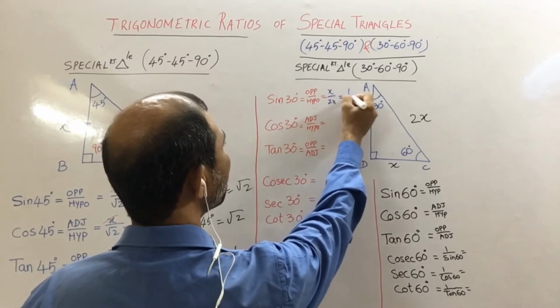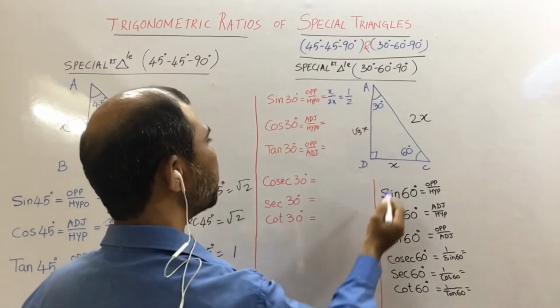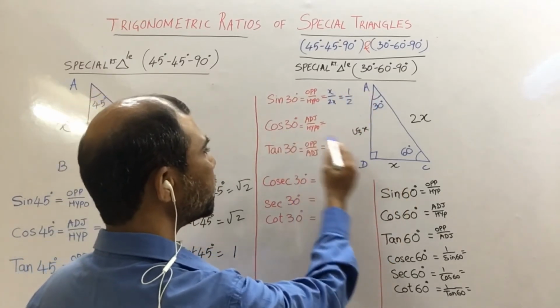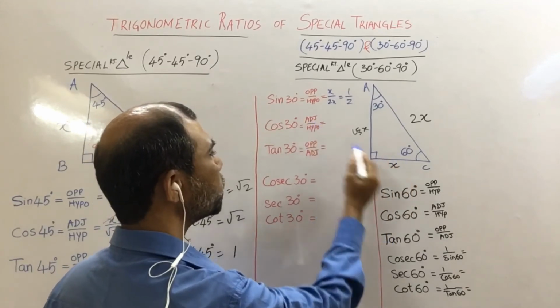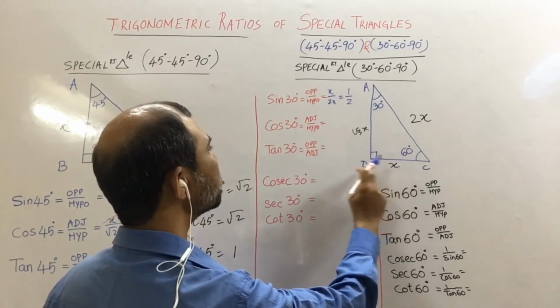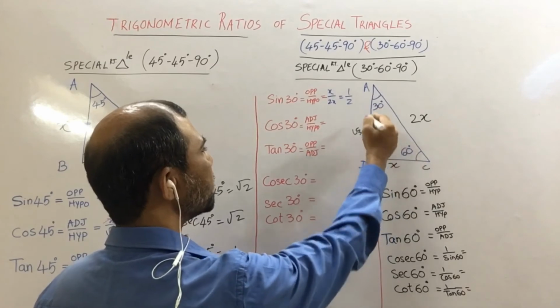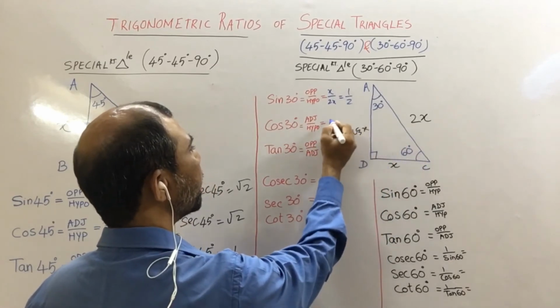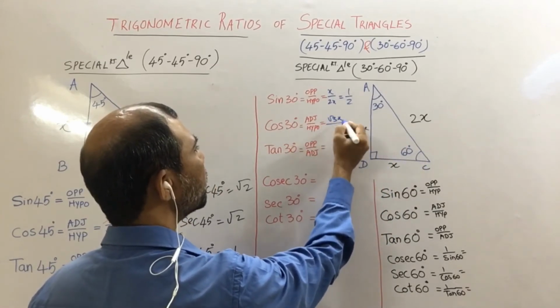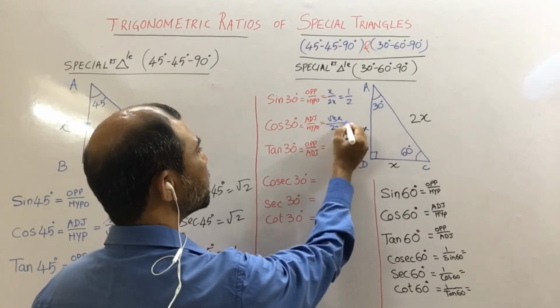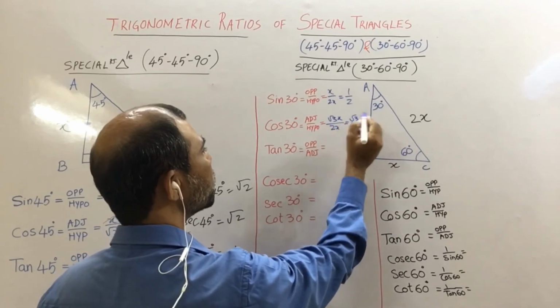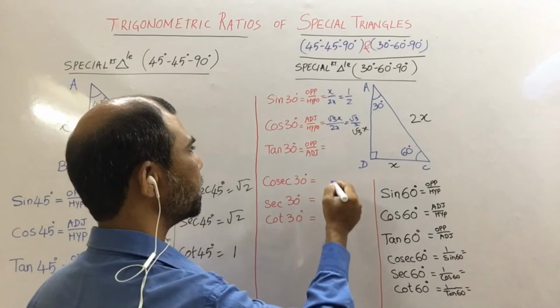That value is 1 over 2. Same way, cos 30 degrees is equal to adjacent over hypotenuse. Adjacent to 30 degrees is square root of 3x over 2x, that is equal to square root of 3 over 2 is the value of cos 30 degrees.